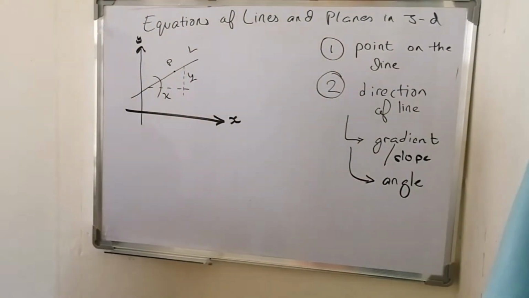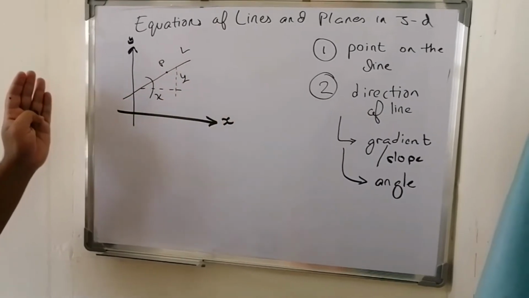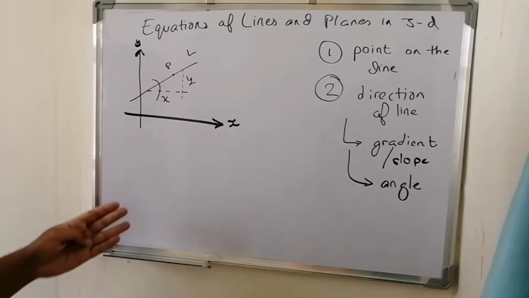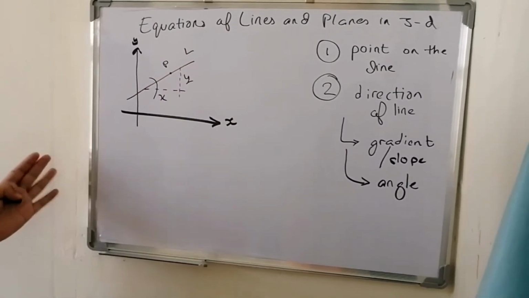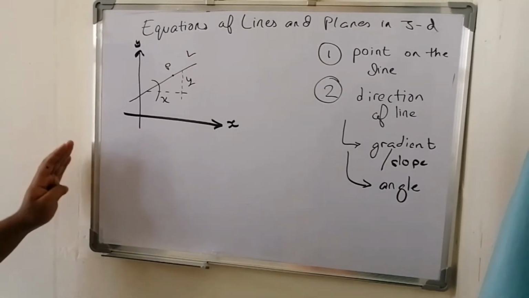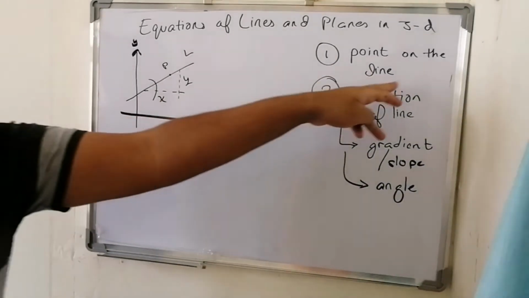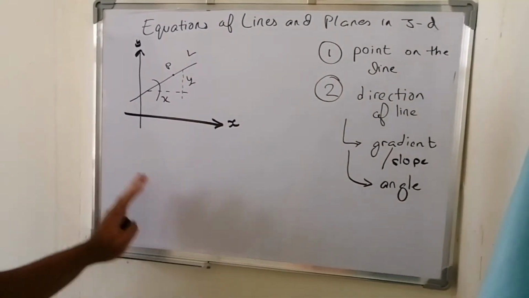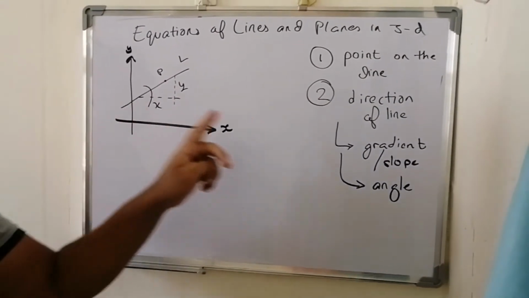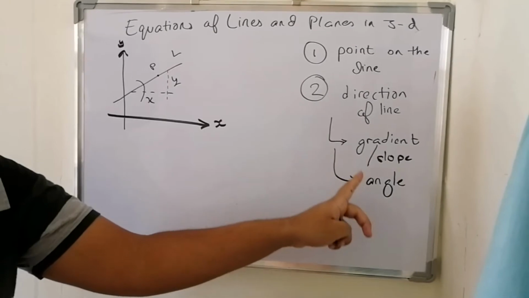Now, to summarize, to represent a line in any dimension, not only in two dimensions, we would need a point on the line and a direction of the line. In two dimensions specifically, the direction of the line can be given by the gradient and the angle.